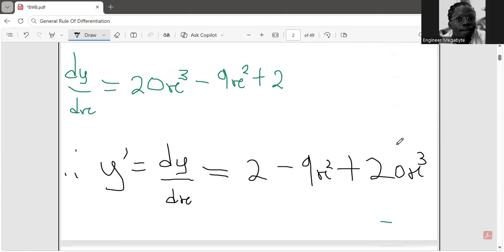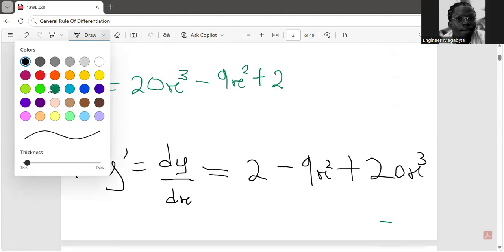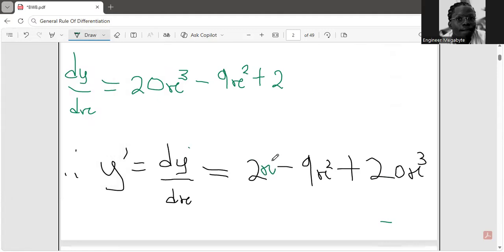This 2 over here is not standing alone; in the scientific world, as I told you initially, this 2 has an x exponent 0 attached to it. So look at 0, 2, 3. If there was x exponent 1, I would have brought it before the negative 9x squared. So this is our final answer, and this is how our final answer is supposed to look.